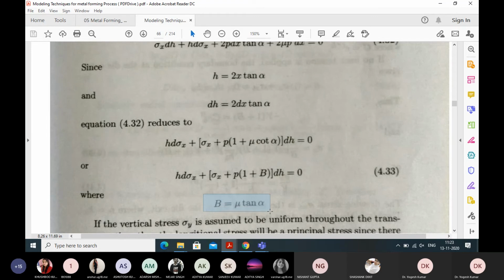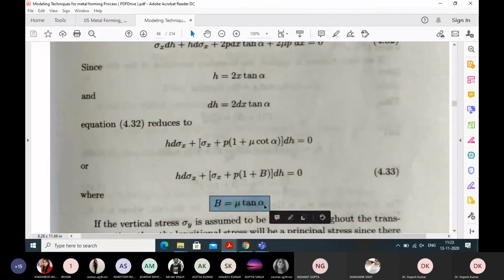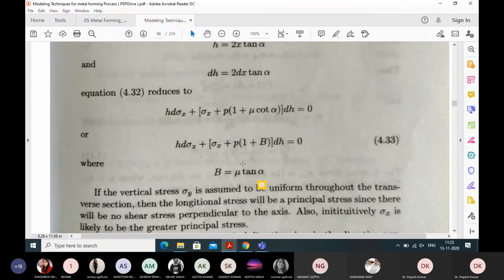Here this is a typo error. B is equal to, let me clear here. B, this is not tan alpha, this is your cot alpha. This is not b equal to tan alpha. It is not tan alpha. This is b equal to mu cot alpha, because the value of b is mu cot alpha.